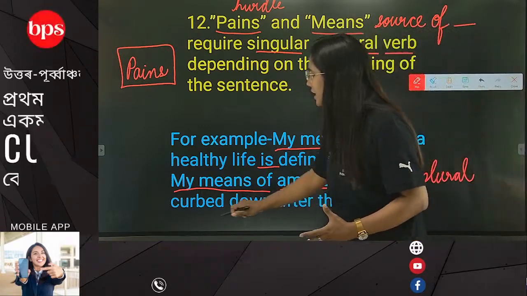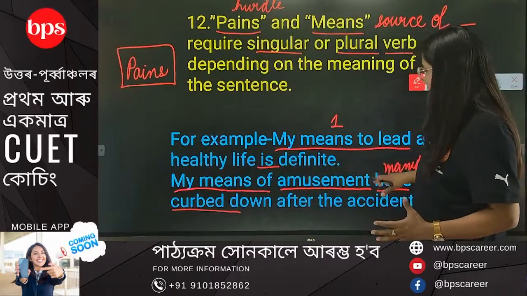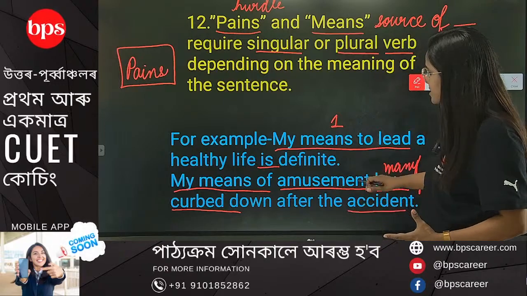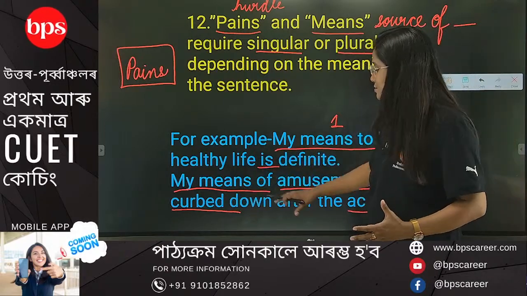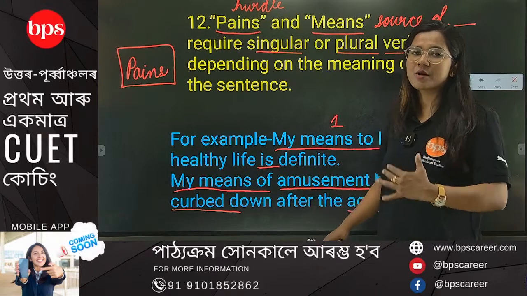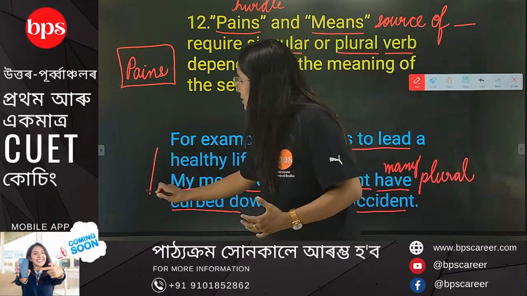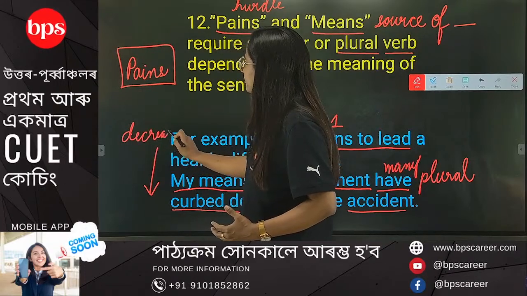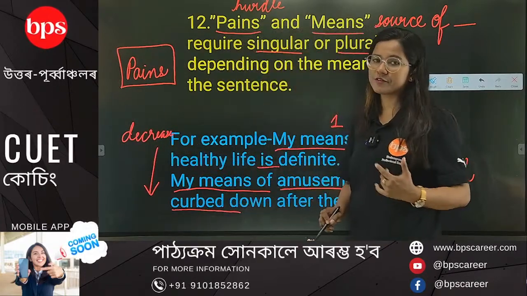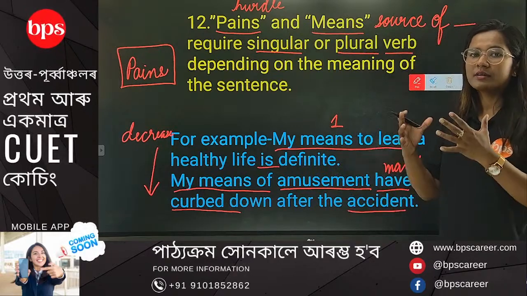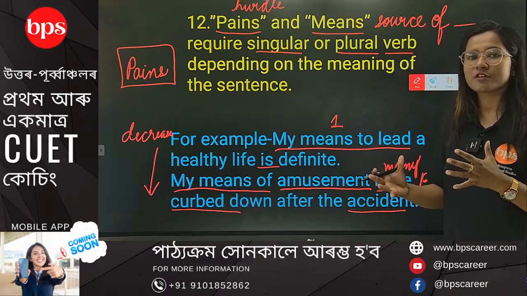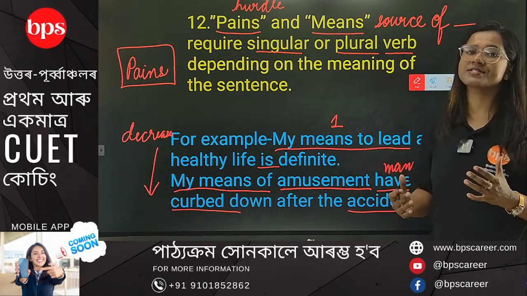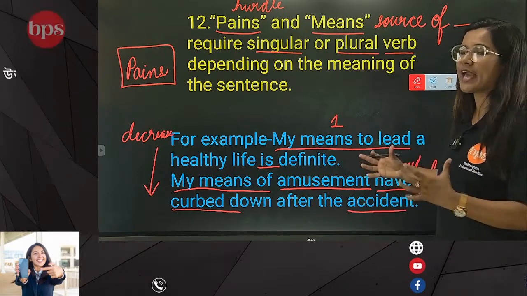It has curbed down after the accident. His means of amusement have curbed down, or it has decreased. When it is decreased, we refer to the fact that there were a lot of means of amusement for him, but that has decreased after the accident.